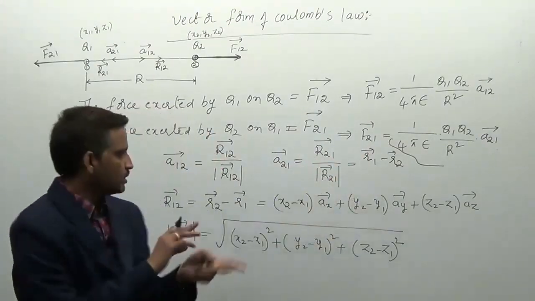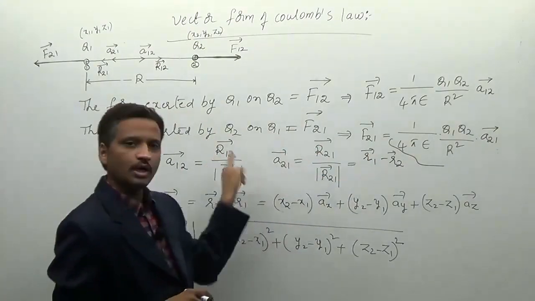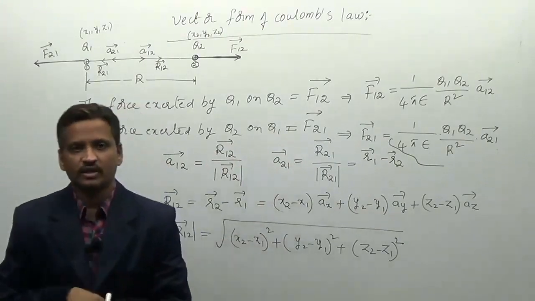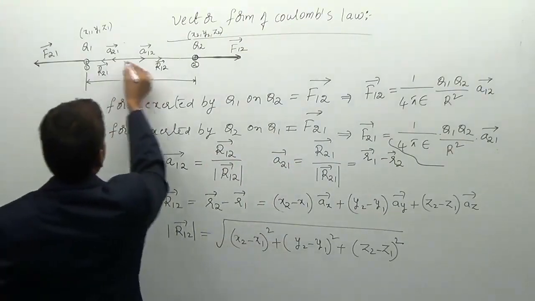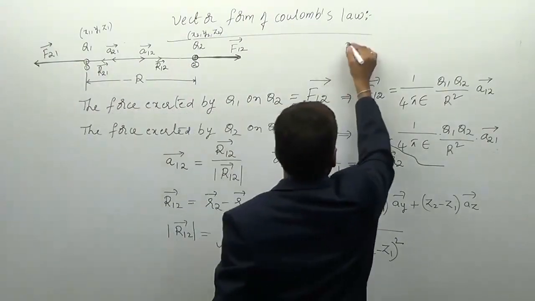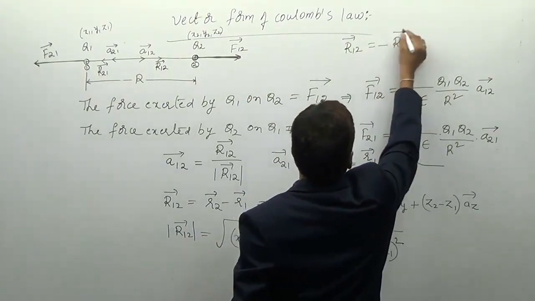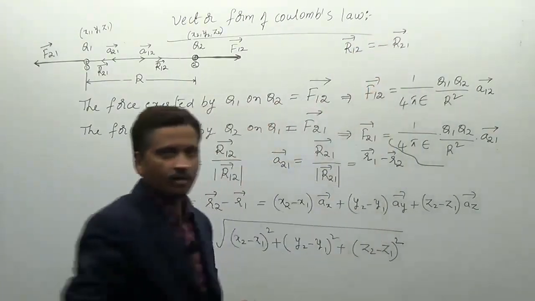So this R12 vector is x2 minus x1 ax bar, and R21 vector is x1 minus x2 ax bar. So the R12 vector and R21 vector are exactly opposite vectors, because R12 is in this direction and R21 is in this direction. So we can write R12 vector is always equal to minus R21, but they are equal in magnitude.